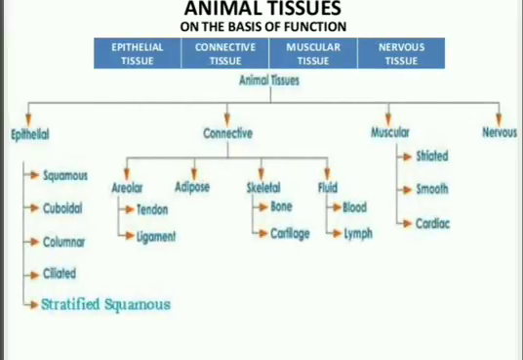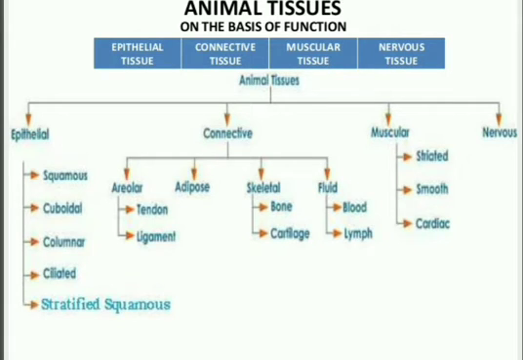Now let us start animal tissues today. What are animal tissues? The tissues which are found in animals, which make our different processes easier, which have some specialized cells, are all considered animal tissue. The first animal tissue which we are going to discuss is epithelial tissue.